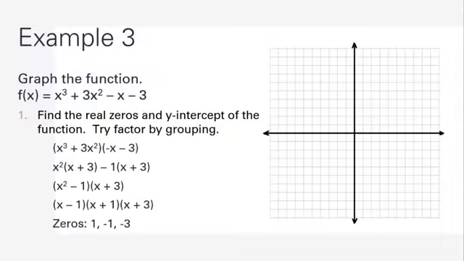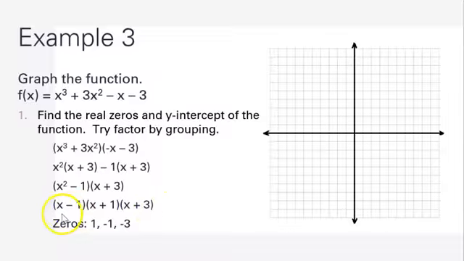I showed my steps for factor by grouping. I grouped the first 2 terms and the second 2 terms. I factored out an x squared in the first 2 terms and a -1 in the second 2 terms. I factored the GCF, so I had x squared minus 1 times x plus 3. And then the x squared minus 1 could factor further because it's a difference of 2 squares. So I had x minus 1 times x plus 1 times x plus 3.